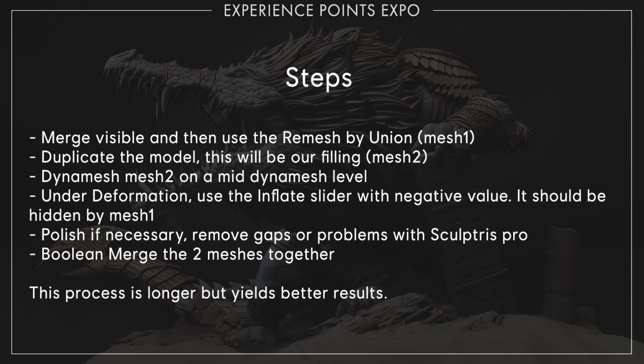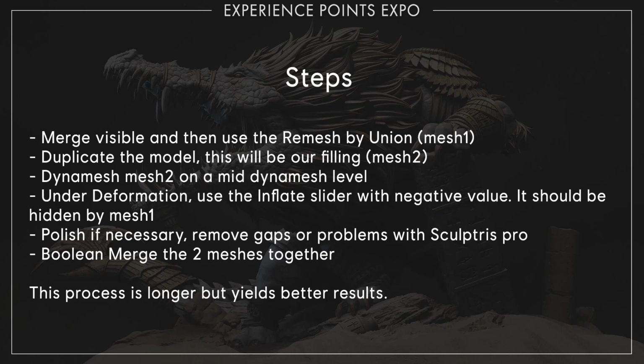Then this mesh, we will deflate it with the Inflate slider with a negative value. And we will deflate it enough so that it's hidden by the first mesh, the one we used Remesh by Union on. That way, when we Boolean merge the two meshes in the next steps, they will fill all the gaps.